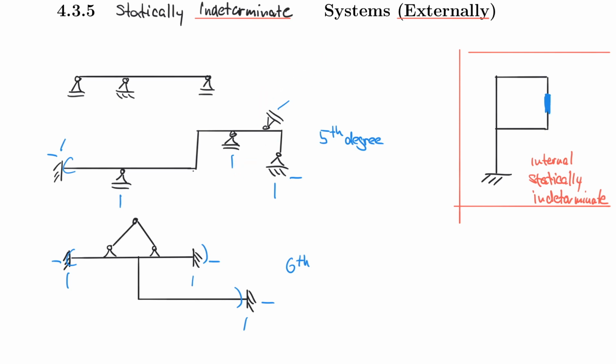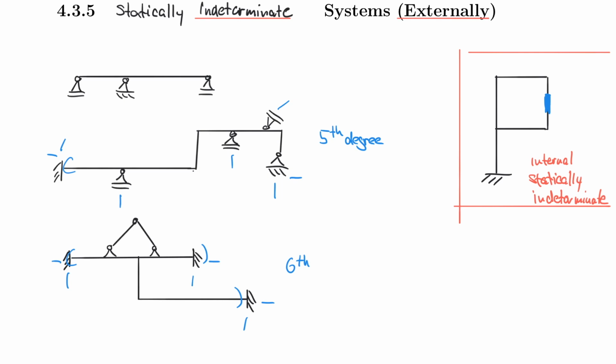And in this class, you don't even have to calculate statically indeterminate systems, but you have all the knowledge you need to understand how often a system is statically indeterminate, or better said, to which degree. And this is part of this class. You need to understand how often the system is statically indeterminate.